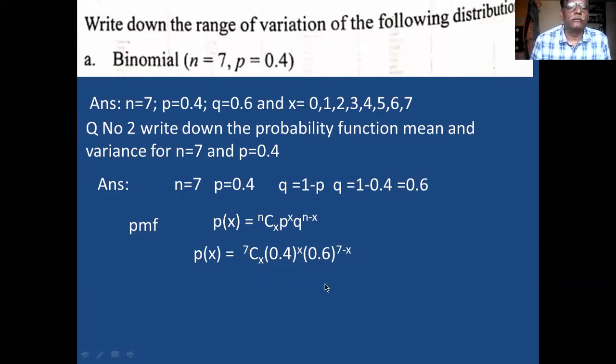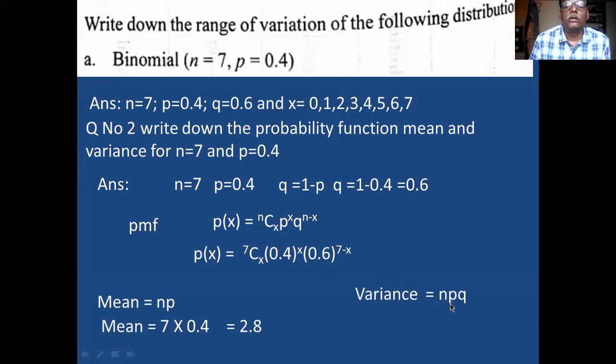This is called the probability mass function. The next question is mean. Mean is equal to NP. So n is 7, p is 0.4, which is equal to 2.8. Mean is 2.8. The next question is variance. Variance is equal to NPQ.